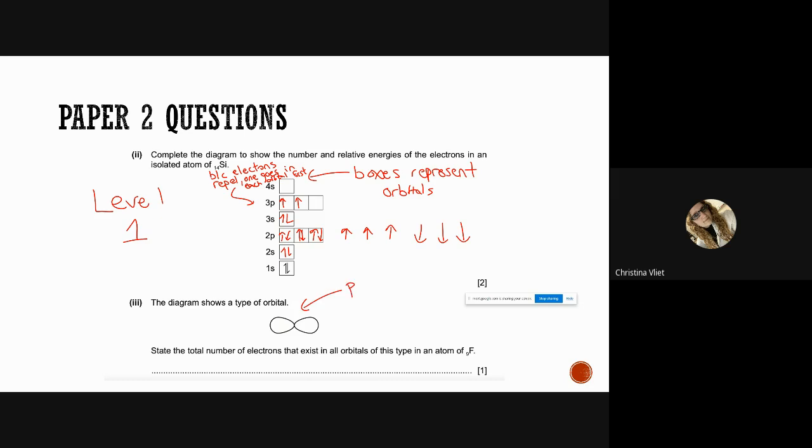P, right? How many electrons are in p orbitals for fluorine? Can we figure that out pretty quickly? Fluorine's here, right? So it's only got this area. 1, 2, 3, 4, 5. The answer's 5. If you got 5, you got it correct. And so literally you get 1 mark for putting the number 5.